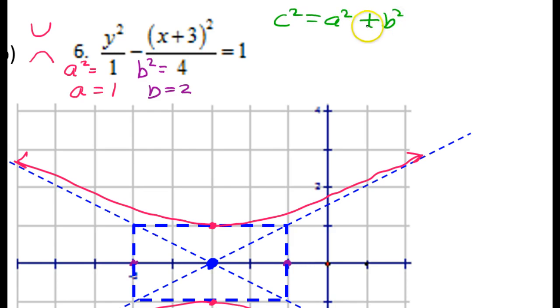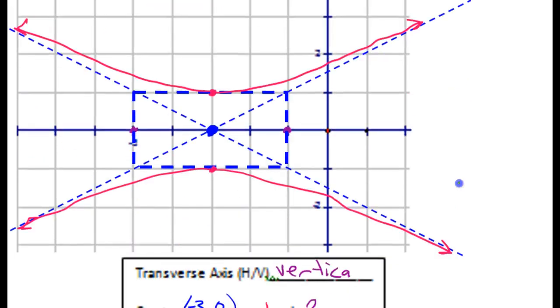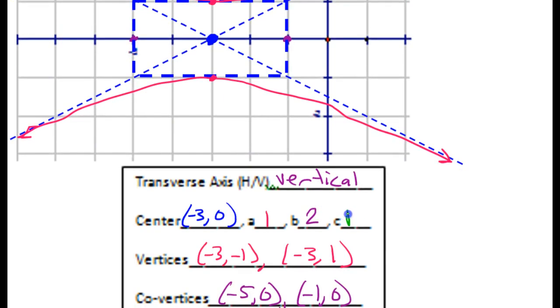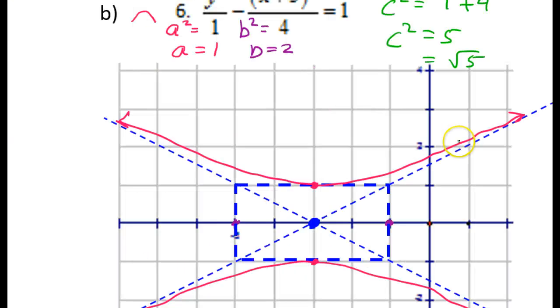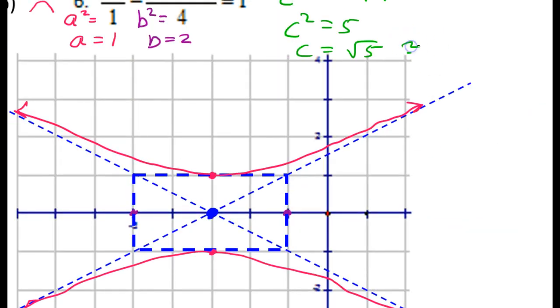For ellipses, this is a minus. For hyperbolas, it's a plus. It's kind of the opposite of what you see in the standard form equation. So c squared is equal to 1 plus 4. So c squared is equal to 5. So c is equal to the square root of 5. Ha, that's what it was last time. So c is radical 5, which again is approximately 2.2.